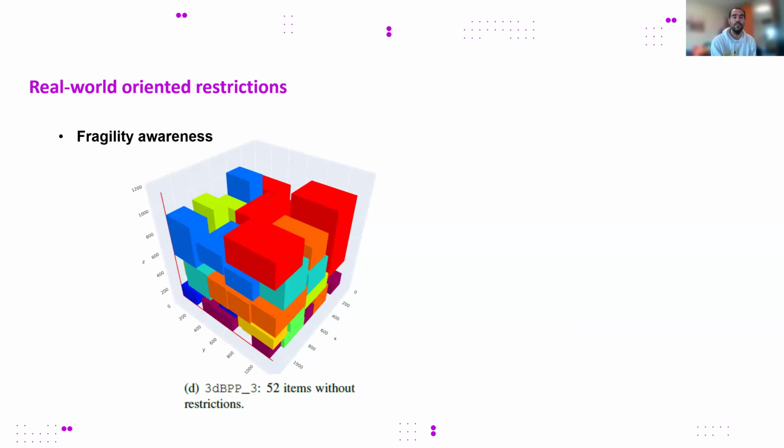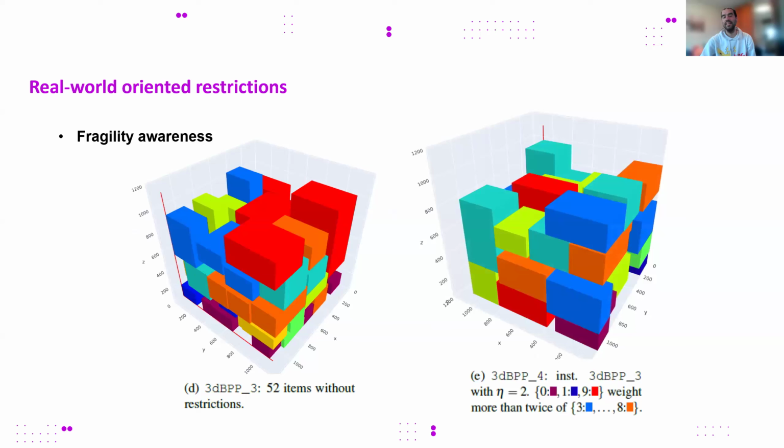We also have, for example, the fragility awareness restriction, in which here we have one instance with 52 items without any kind of restrictions, and on the right side, we can say that these wine-colored, dark blue packages and the red packages are heavy ones, so they should be in the bottom part of the bin, making a tower of this kind of heavy packages.